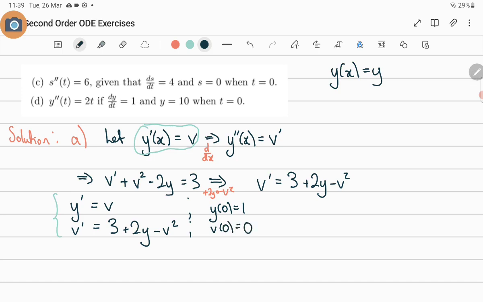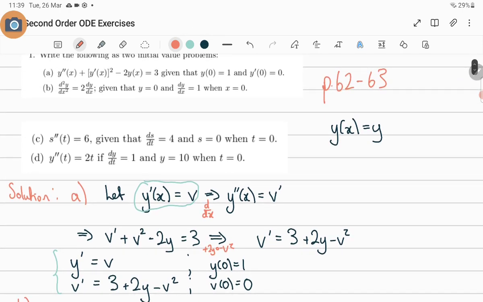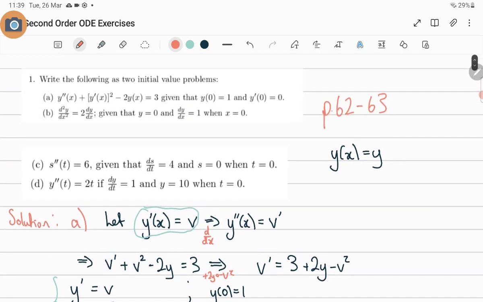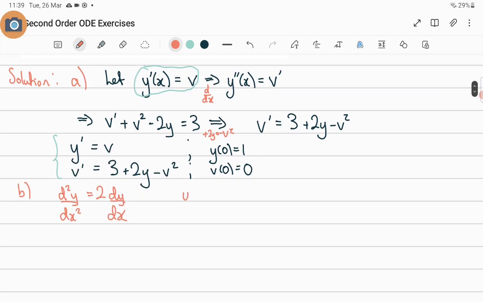That's the first one. The second one, we'll just probably write down the question. The second derivative is twice the first derivative. And we have y of 0 equal to 0, so it says y is equal to 0 and dy dx is equal to 1 when x is equal to 0.